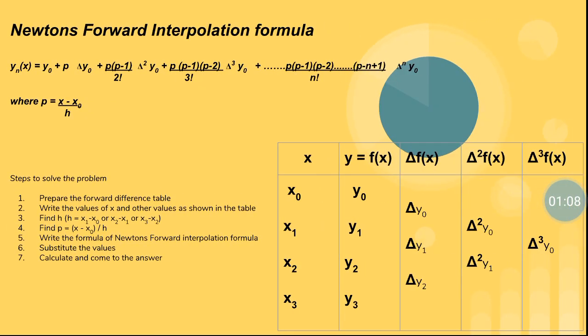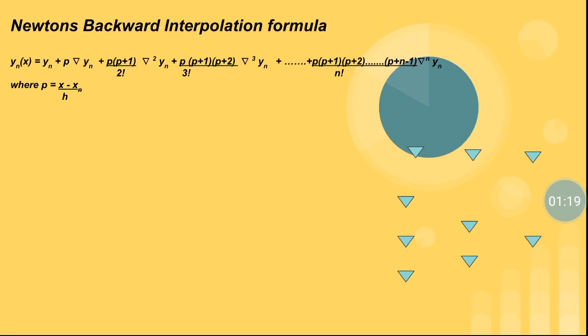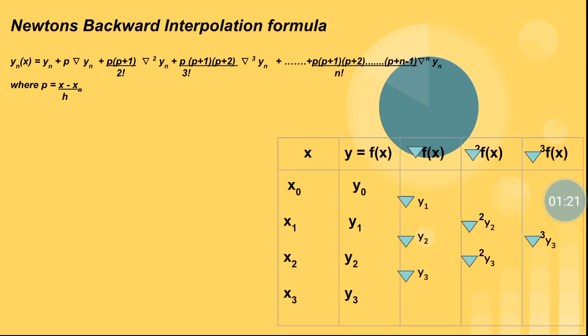This was your forward difference table where you had del 1, del 2 and del 3. In backward, we have backward del, backward del 2, backward del 3, yn. So we begin with the last value. If in this table we are having y3, then our yn is y3.